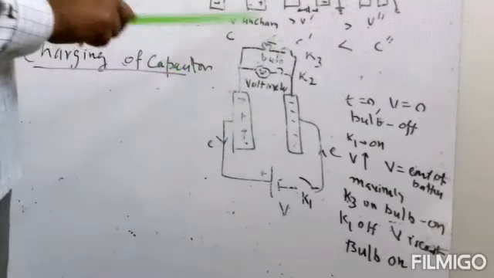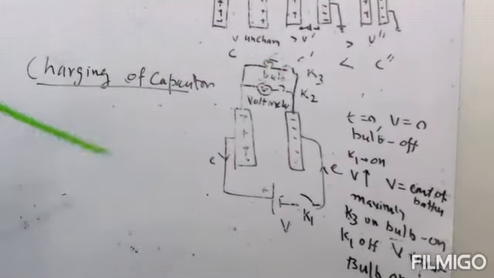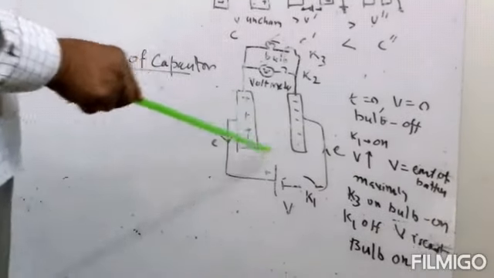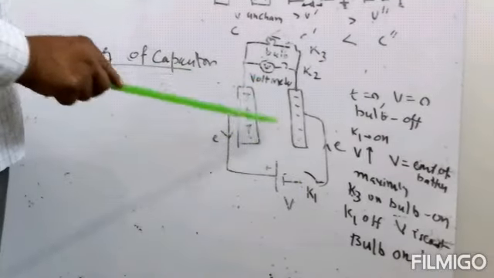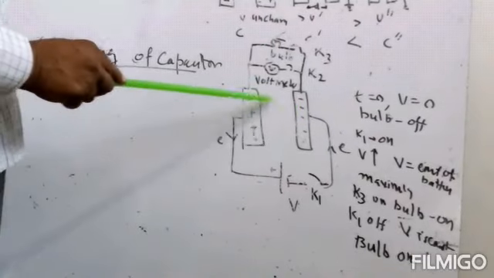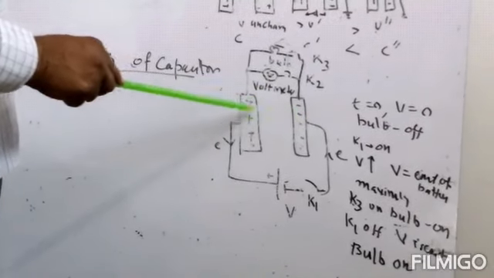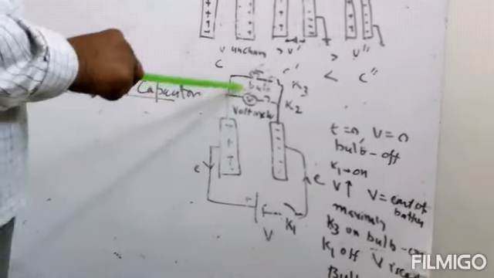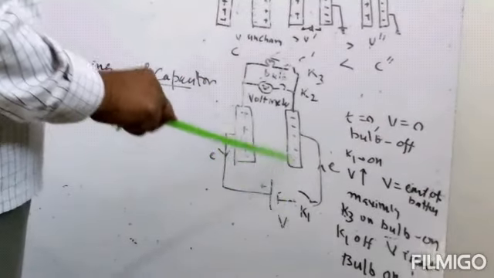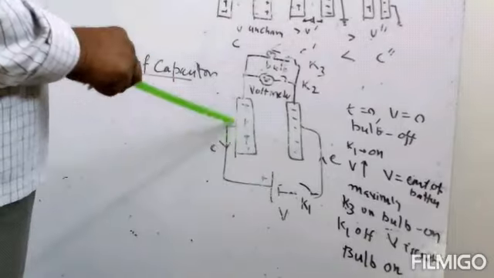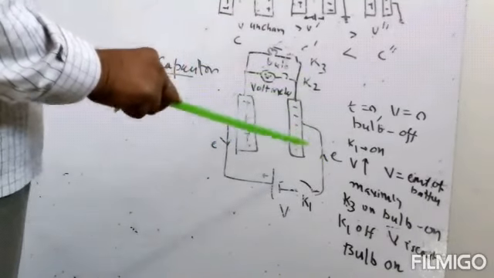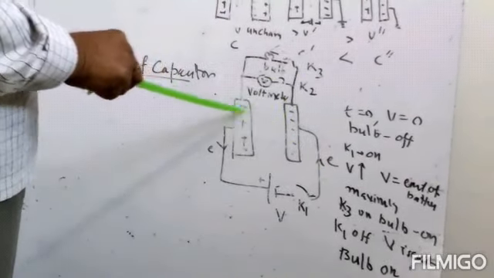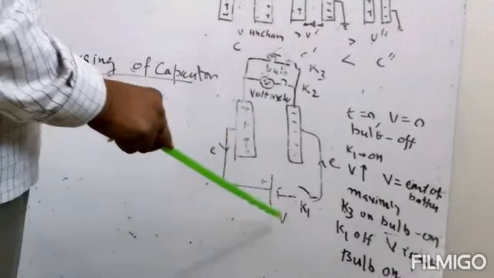So in this way, first we charge the capacitor by the external battery, then the energy is stored between these two plates, or charge is stored between the plates. After some time the flow of electrons will stop when the potential difference between these two plates is equal to the EMF of the battery.